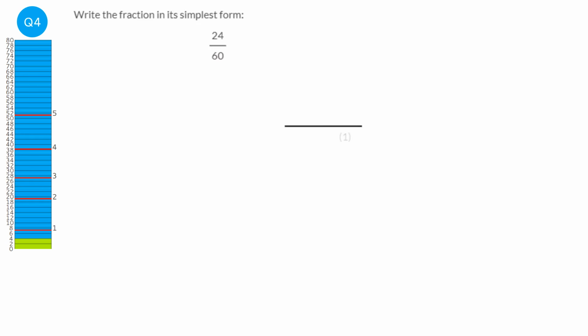When we simplify a fraction, we want to try and make the numbers at the top and the bottom as small as we can. So looking at the numbers 24 and 60, we need to think, is there a number we can divide both numbers by? Well, they're both even numbers, so we can divide them both by 2. And that will get us 12 over 30.